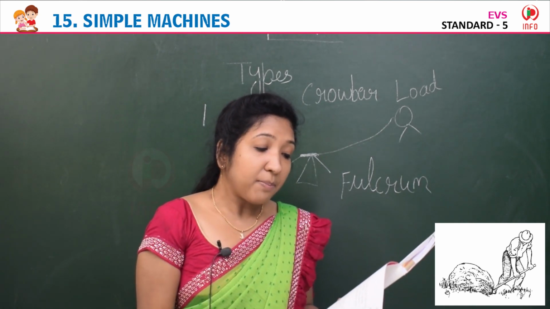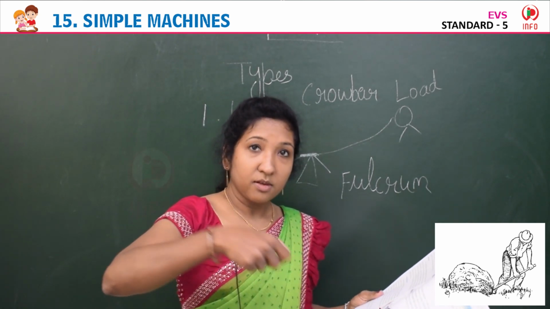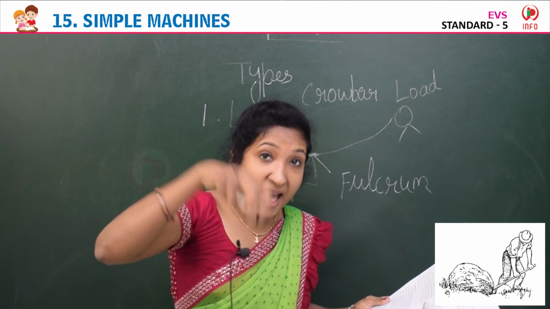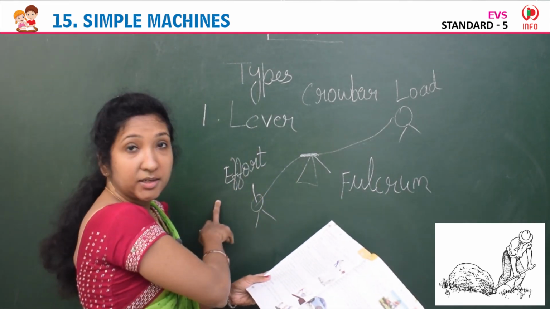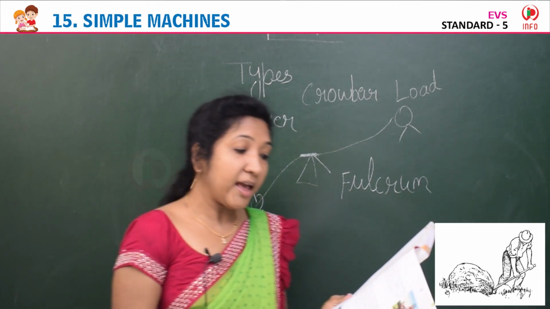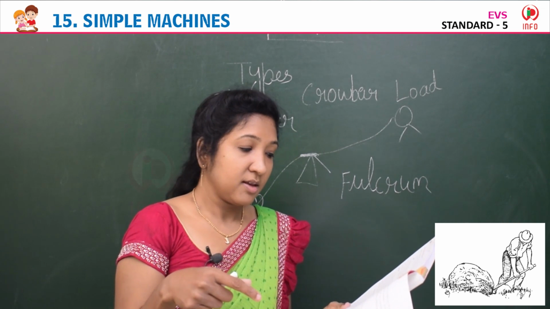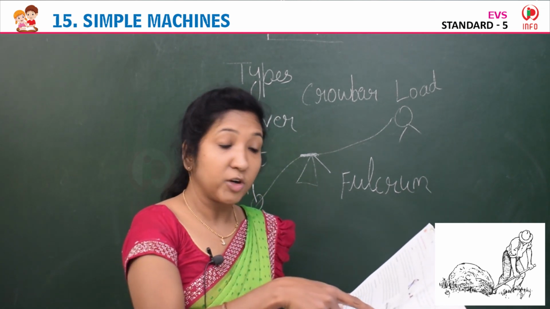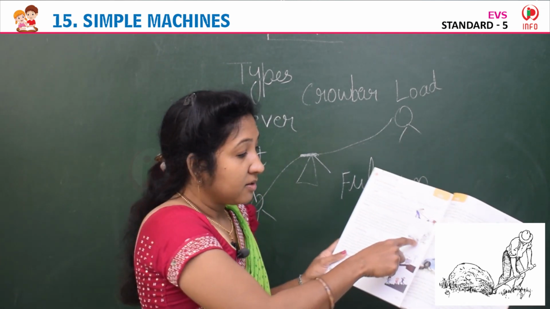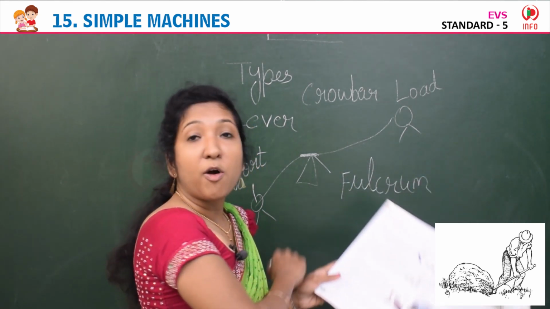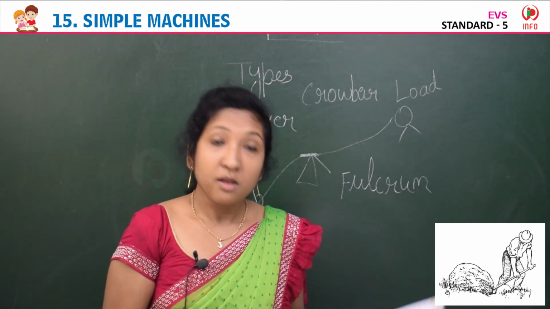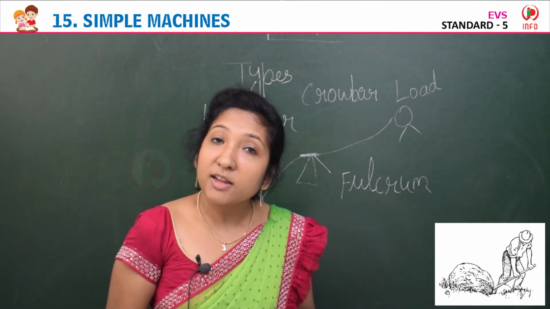The force applied to lift the load, the man is applying force on the handle of that crowbar. That force applied is the effort. The support around which the rod moves is called the fulcrum. Support means the down part where the crowbar and the rock meet. That point is fulcrum. Now you understood the simple machine lever, children.